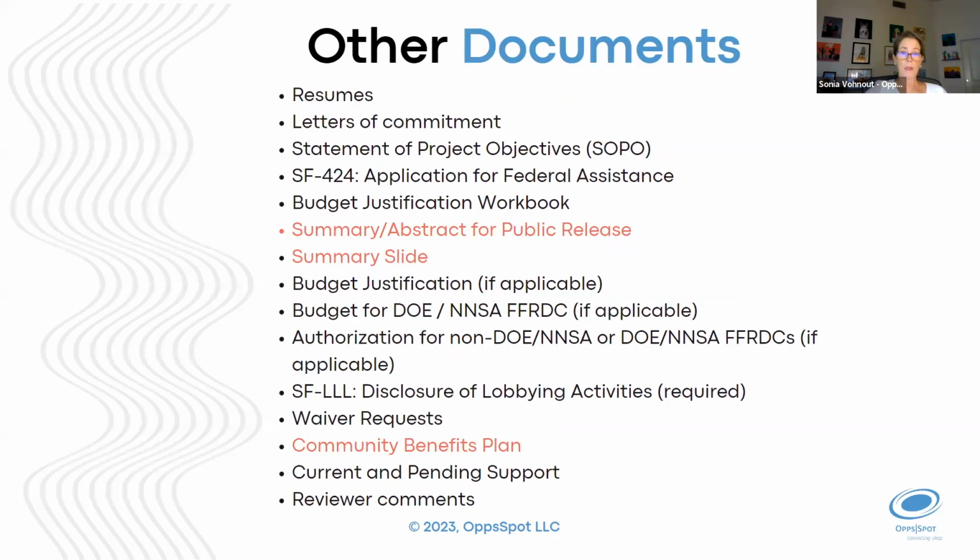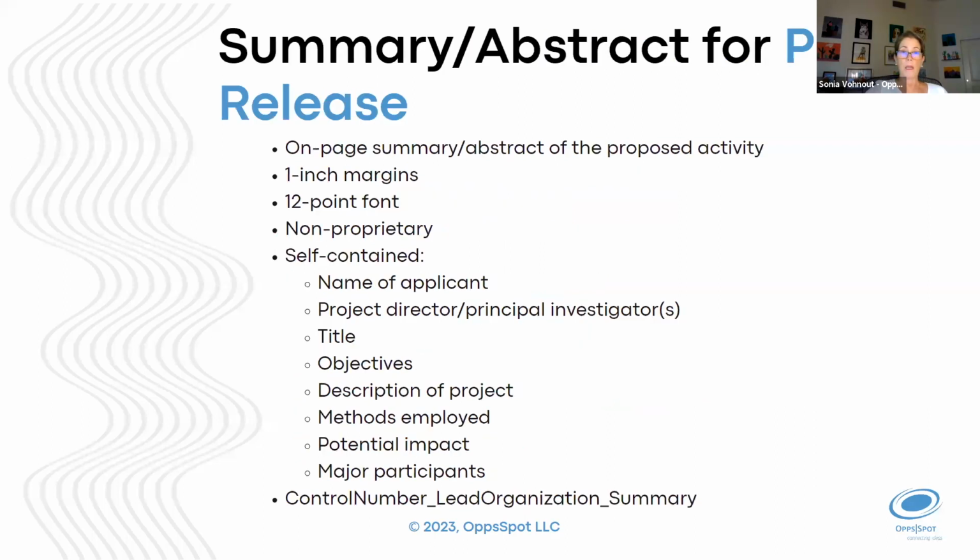I'm not going to discuss all of these, maybe a little bit on the red items here, but this is just the list of all the documents you're going to have to provide. Again, all the details of the content are in the FOA, so make sure you read it. So the summary and abstract are required for the full application.